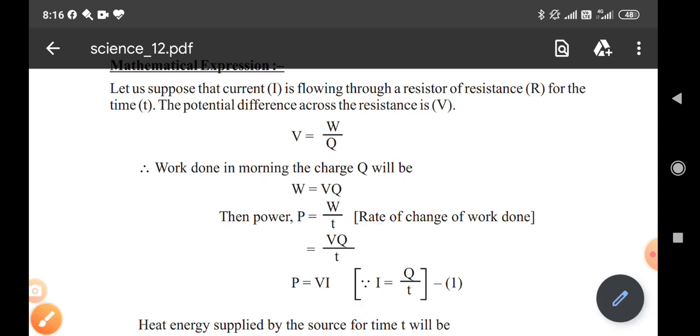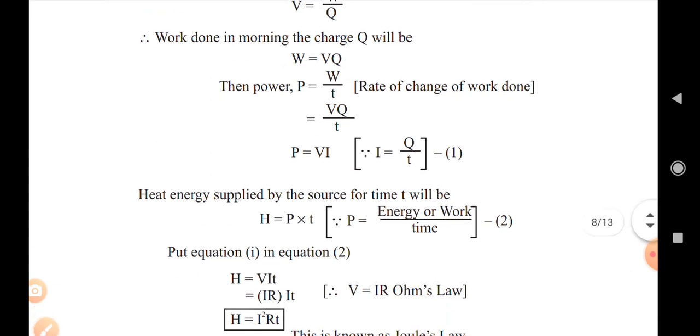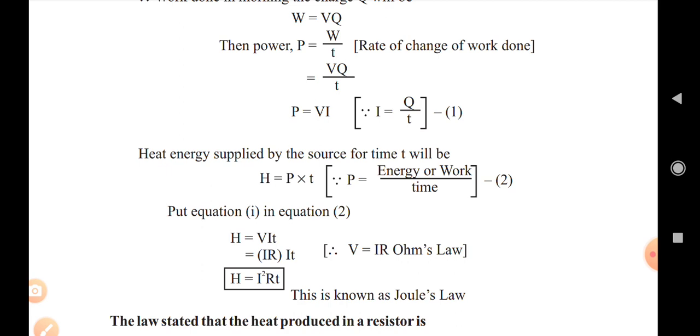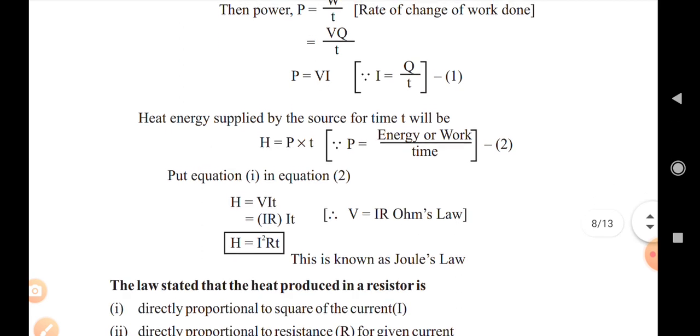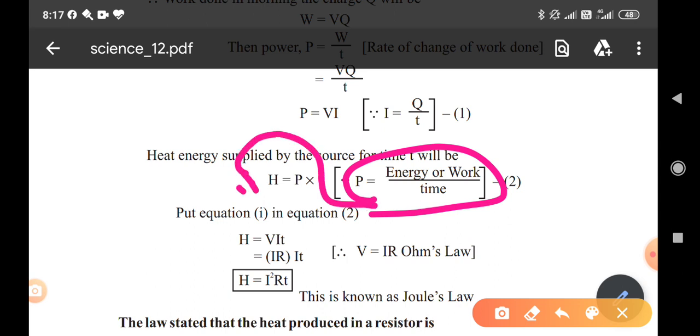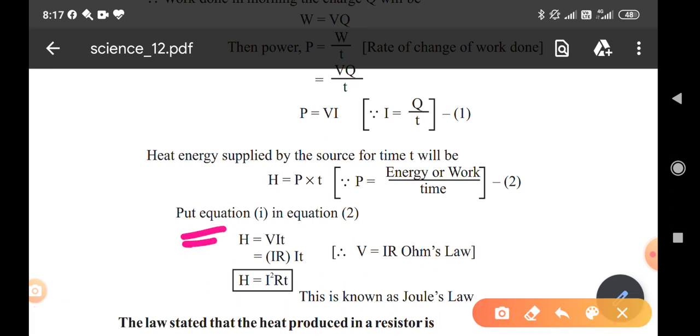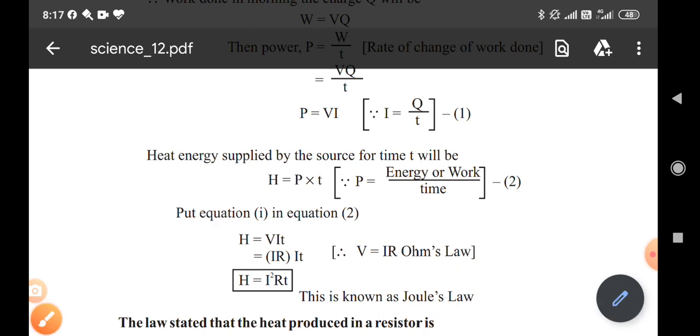Heat energy supplied by the source for time t will be H equal to P into T. Since power equals energy or work by time, energy equals power into time. Putting the equation in this, we got H or E equal to VIT. As V equal to IR, we also got H equal to I square R into T. This expression is known as Joule's law.